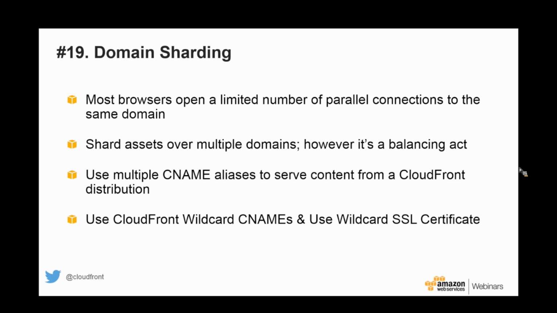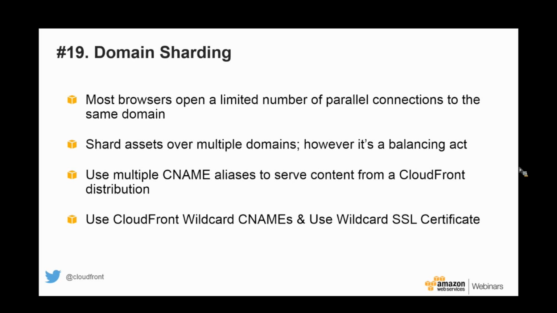But in general, if you're using, say, 2 to 4 different domains, then you can multiply the number of parallel connections the browser will make. And if you think about a typical web application, you really have tens or maybe hundreds of objects on a single web page. So it can be beneficial to have those spread out over different distinct domain names.